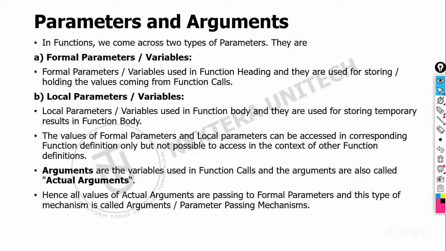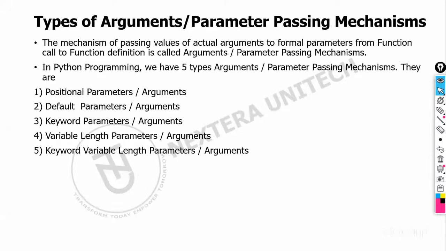Right. Now let us understand what the 5 types of argument parameter passing mechanisms are that we have in Python functions. Probably we have an understanding of all these mechanisms, right? These are nothing but argument parameter passing mechanisms.